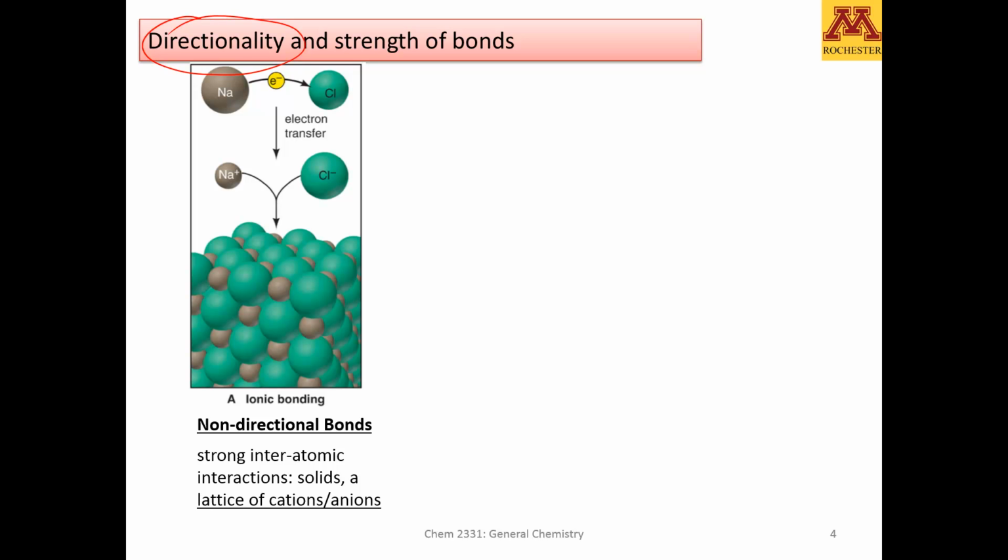So when an ionic bond is formed, once there is a transfer of the electrons, what is left is just a charge. For sodium chloride, table salt, what's left is just the cation and the anion. Therefore, this kind of bonding is not directional. What do I mean by that?